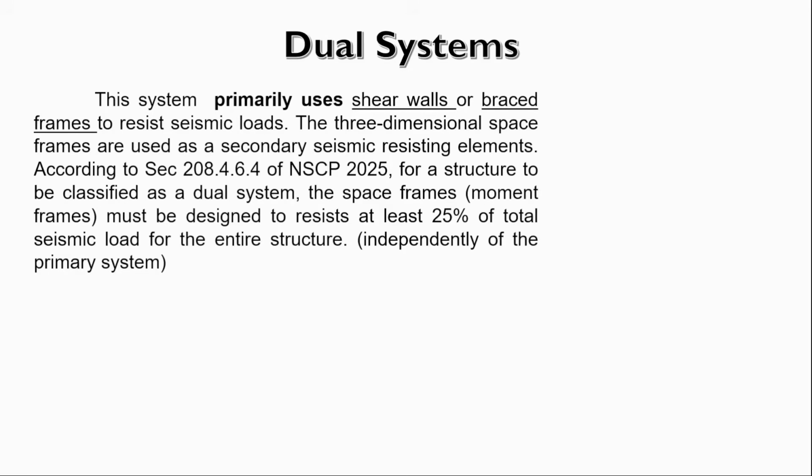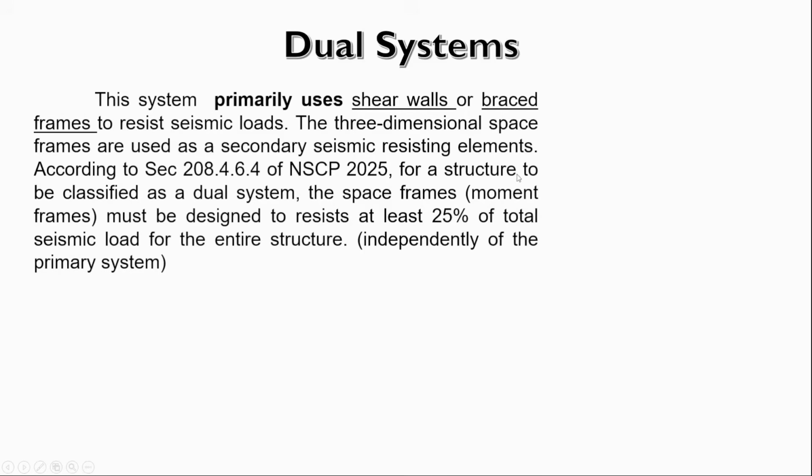So we must design the moment frames to at least resist 25%, maybe 30% or 50%, but always remember that dual systems primarily use shear walls or brace frames. So the moment frames are just a supporting resisting element to the earthquake or seismic load.